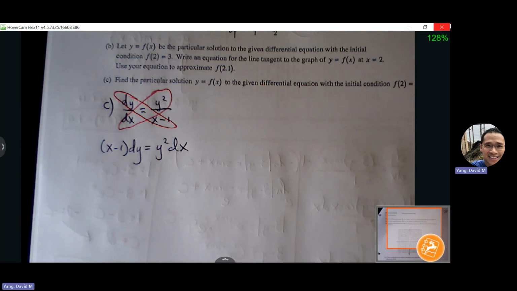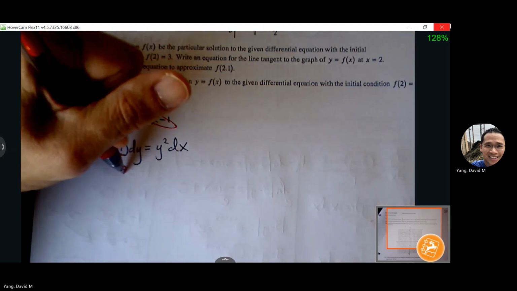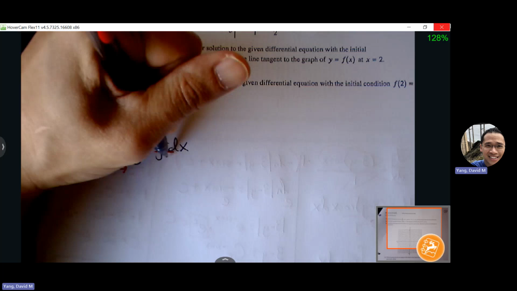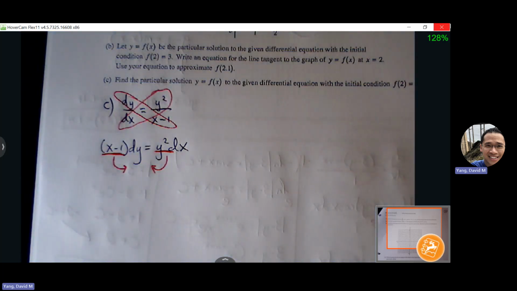We like to have that dy on the left side, dx on the right side. But we see that we have things that are out of place on both sides, so we'll make a double division here. Both the x minus 1 and the y squared will swap places, and they're both going to end up in the denominator of the other side. So we can get full separation, right? We want all the y's on the left, all the x's on the right.